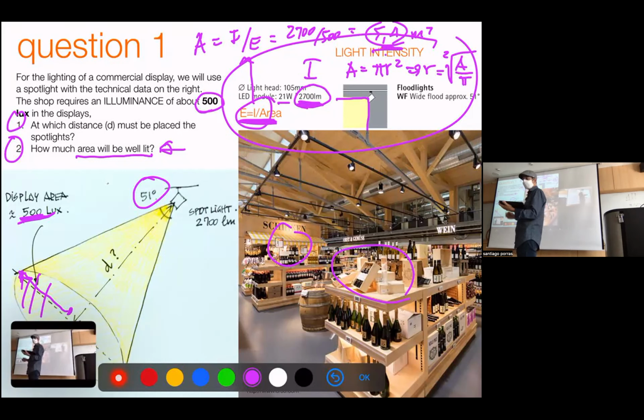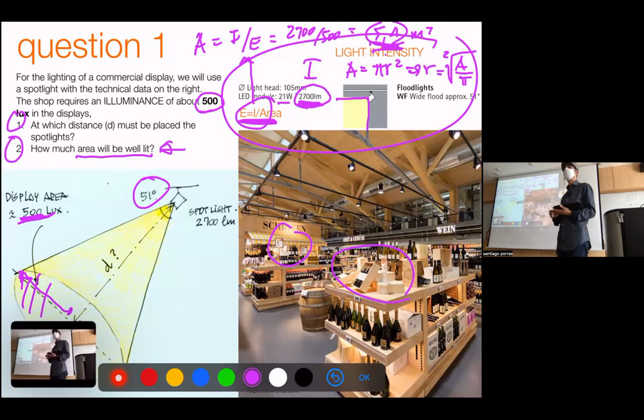Can anybody make the calculation? 5.4 divided by pi. It's a bit less than 2, right? 1.7, 1.8. What's the mental calculation power?